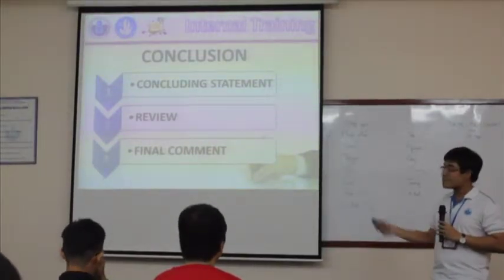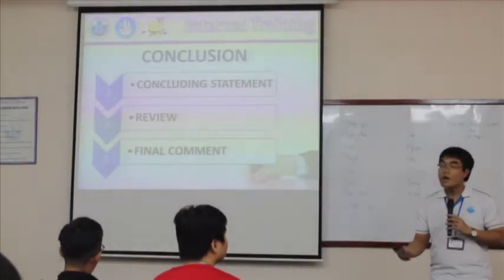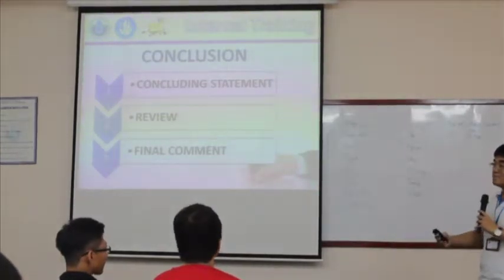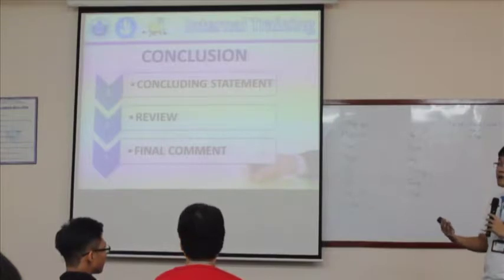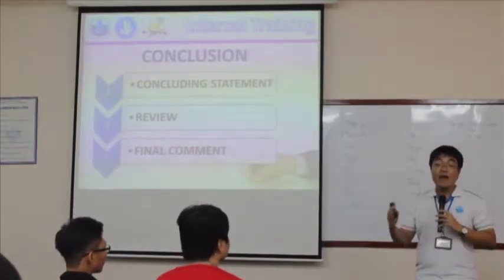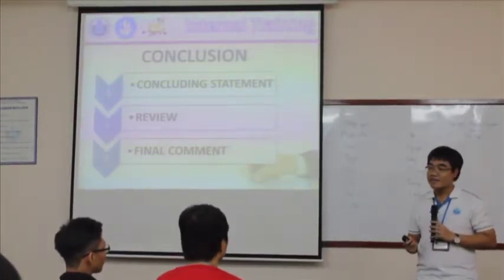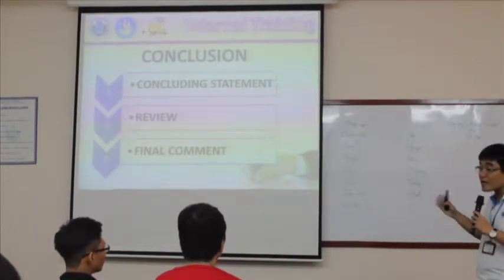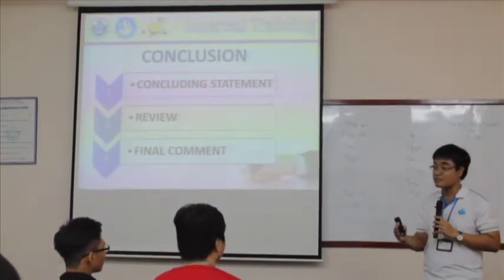And then, when it comes to final comments, if you write like this: therefore, if the students are exposed more to the internet, they will benefit even more in their studying. That is a good final comment because it is closely related to that topic.